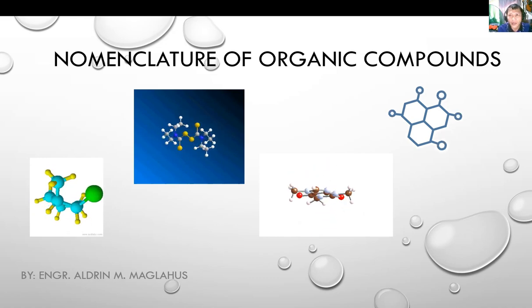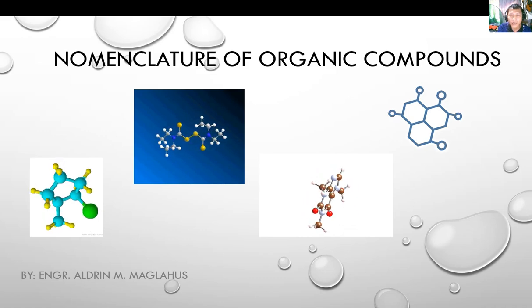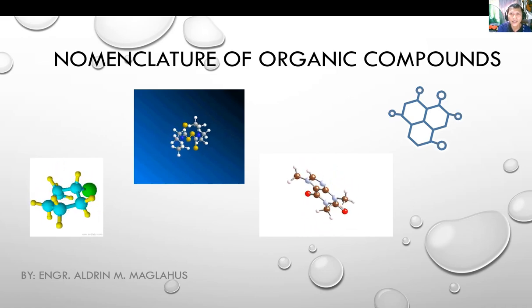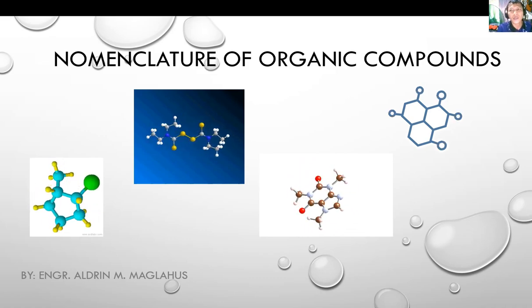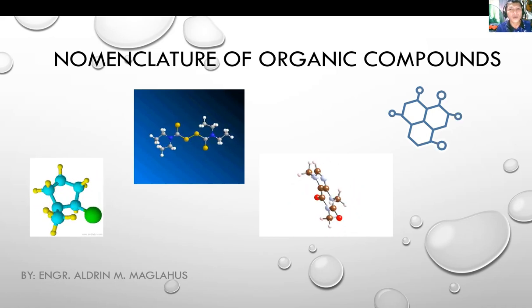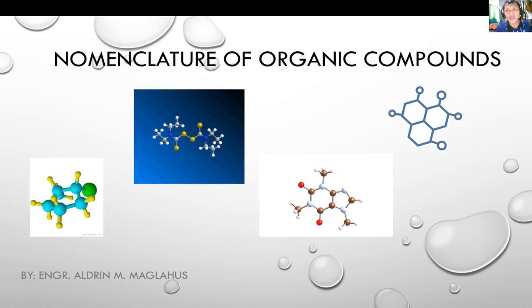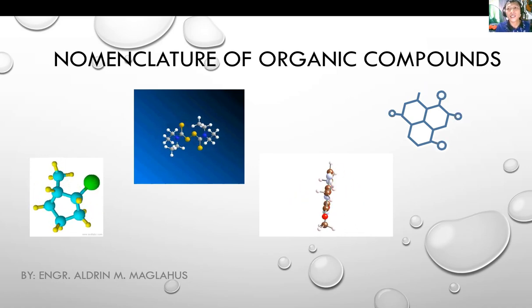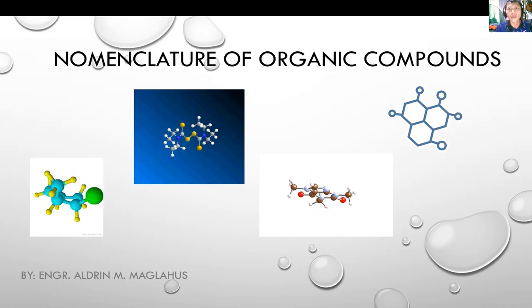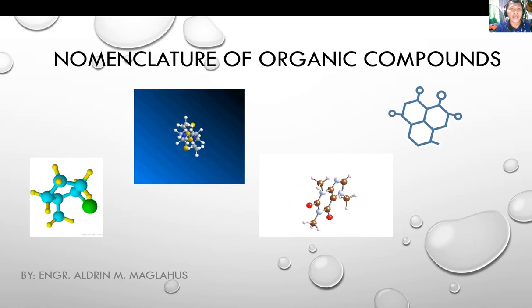Organic compounds, as I've told you, naming compounds is just recognizing them. For you, the immediate use of this is that you can recognize them in biochemistry or related subjects.